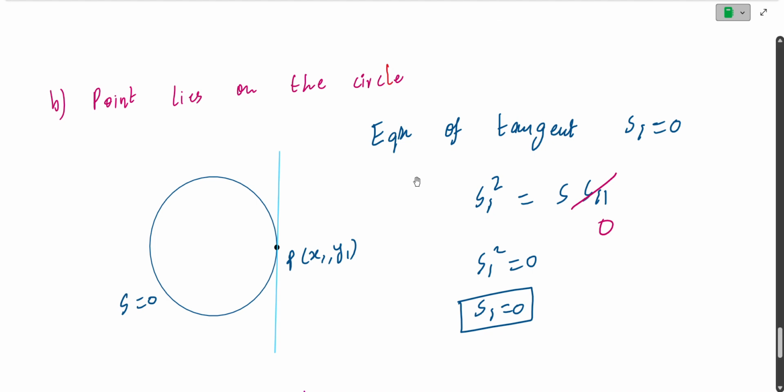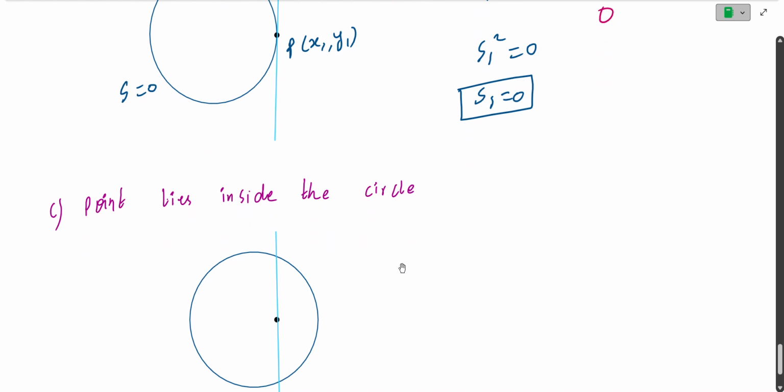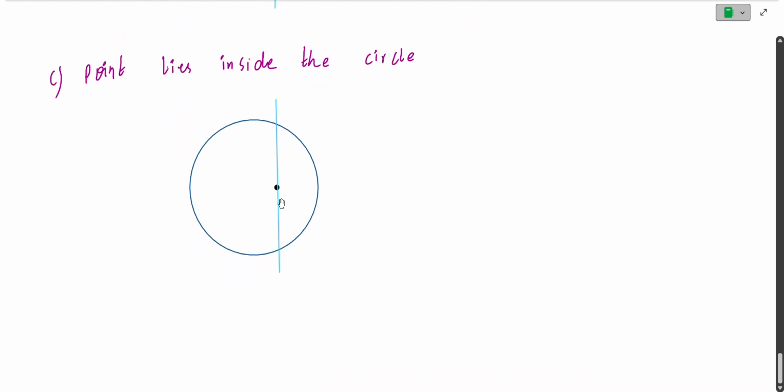Now I'm going to discuss one more condition, whenever the point lies inside the circle. Here one point is given inside a circle. Through this point I can draw infinitely many straight lines. Let me show that.